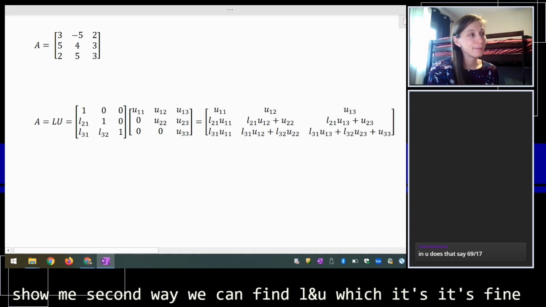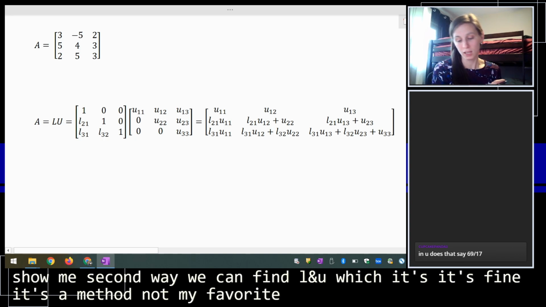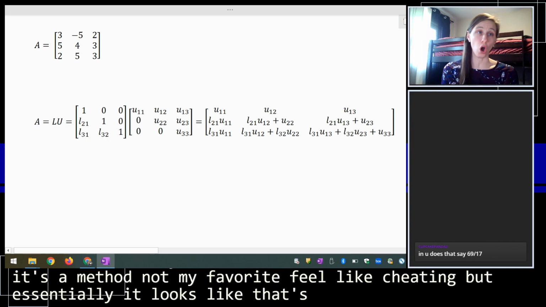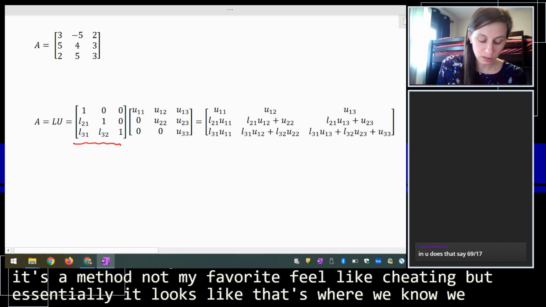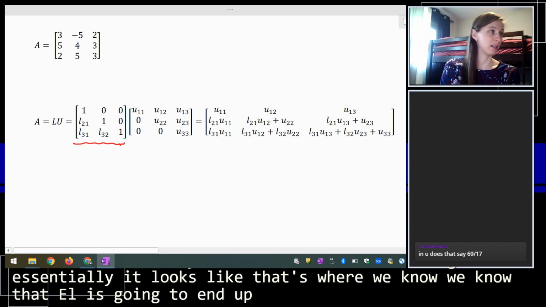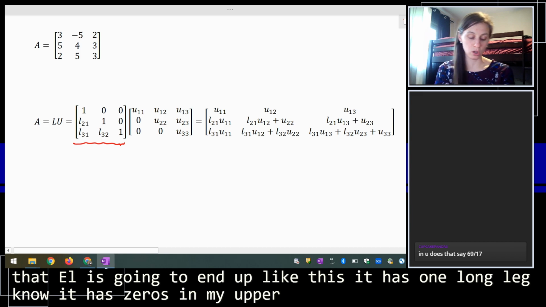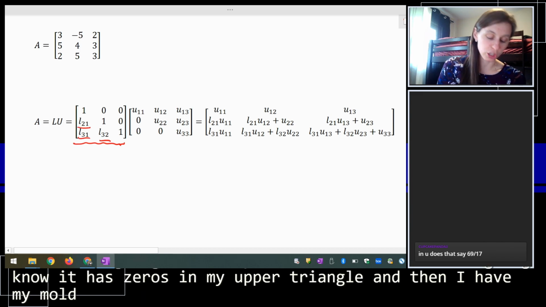It's a method. It's not my favorite. It feels like cheating. But essentially it looks like this, where we know that L is going to end up like this. It has ones along the diagonal, it has zeros in my upper triangle, and then I have my multipliers that show up here.